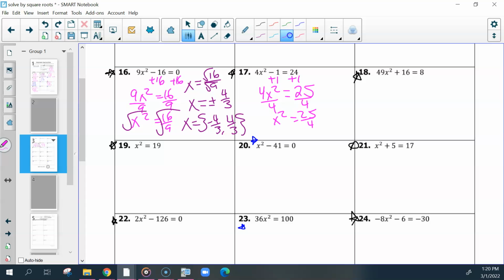But when we take the square root of both sides, we could separate it because 25 and 4 are both perfect squares. And it would be 5 and 2, plus or minus 5 and 2. So our answers would be x equals negative 5 over 2 and positive 5 over 2.